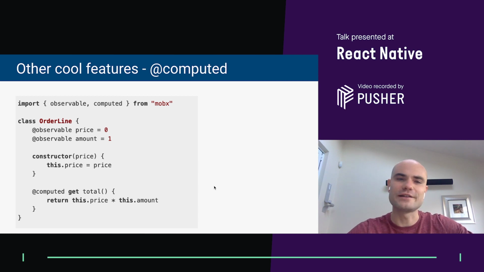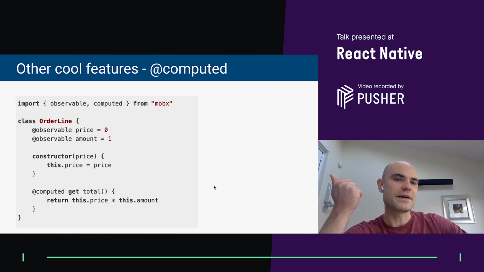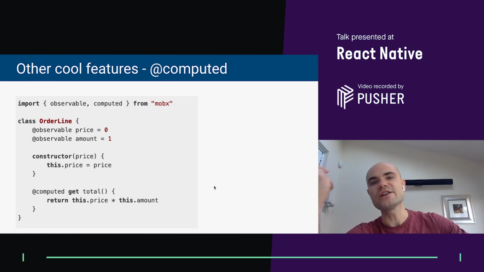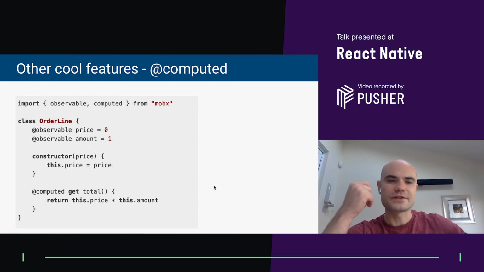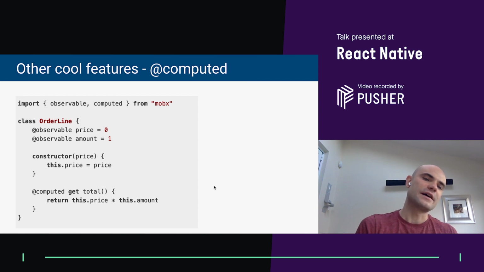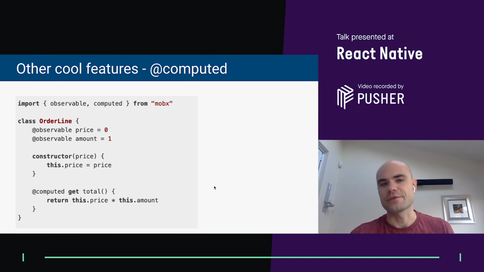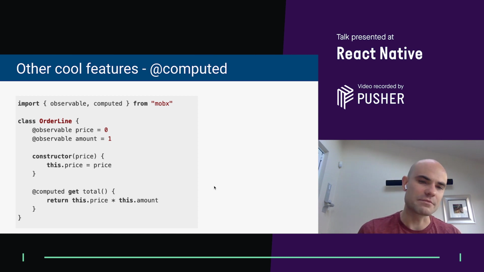Another thing I wanted to highlight, which I didn't show in the demo: MobX has a number of other cool features, like what you see on the screen, taken from the official documentation. You may have defined for your online shop observables called price and amount.